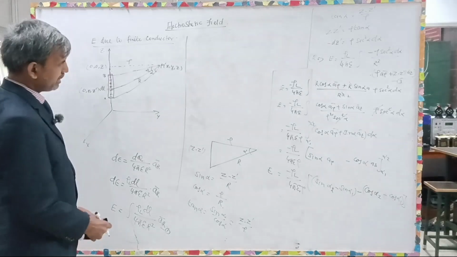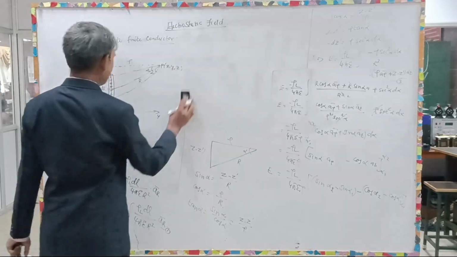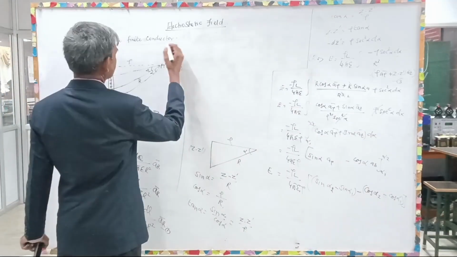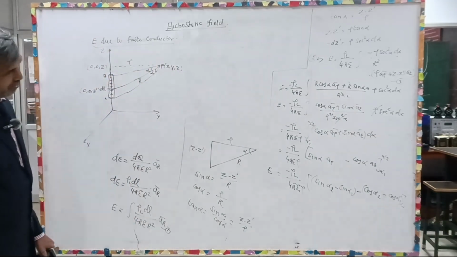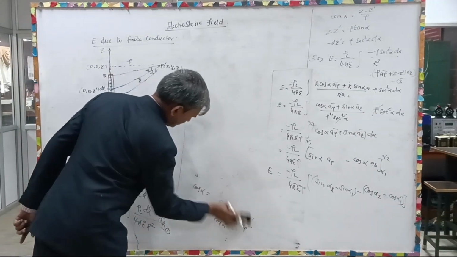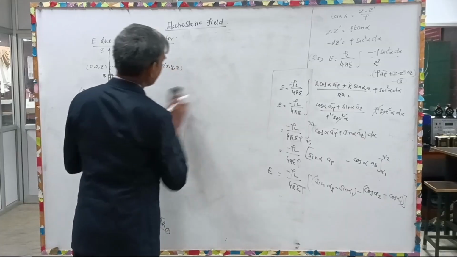Suppose we extend this to an infinite line conductor. So we derived it for the finite conductor; suppose we extend it to the infinite conductor.